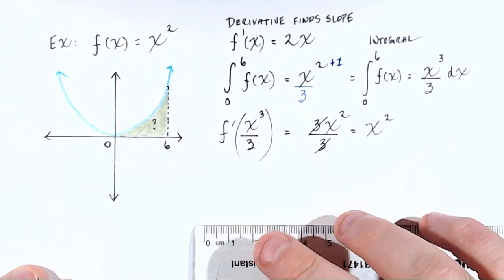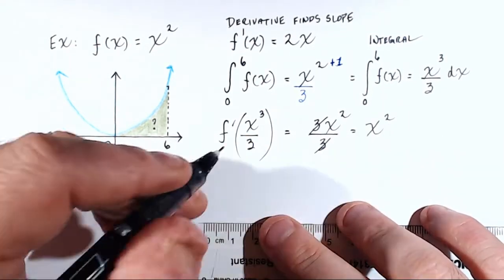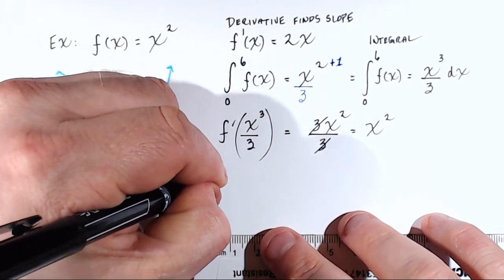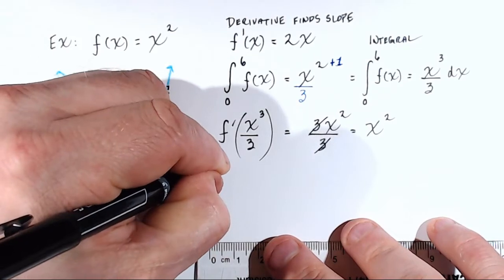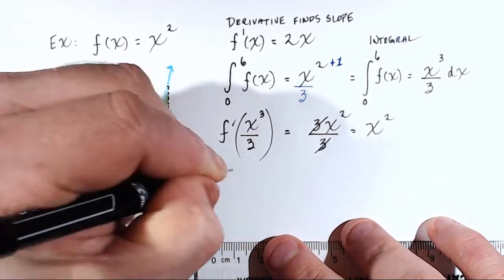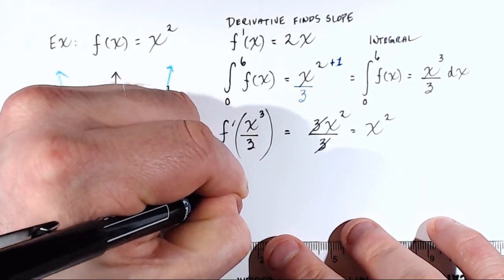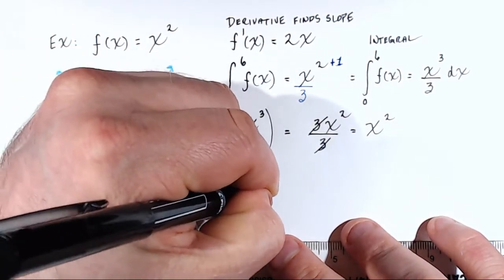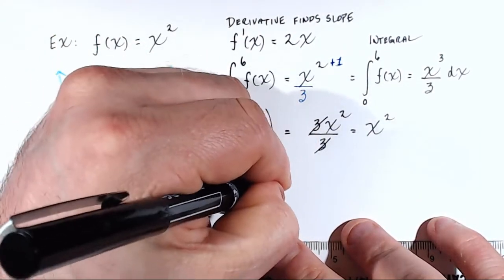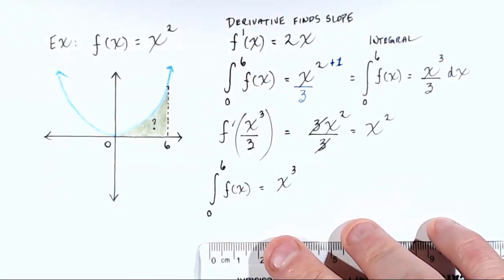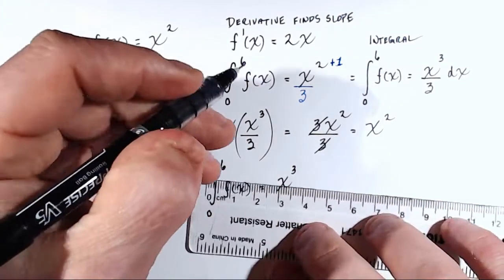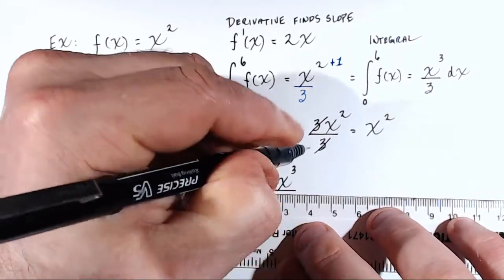So in order to find out what that area is, let's get back to our integral. We take the integral from 0 to 6 of f of x, which equals x cubed over 3.